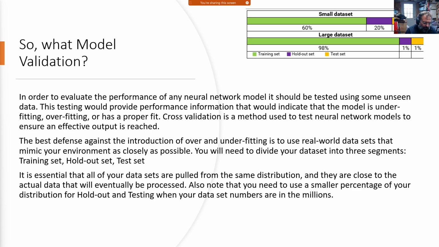So instead, the way you do that is you keep a certain amount of the data held back so that you can validate it and test the model and determine the accuracy on unseen data. So you can get a sense of how well your model is going to generalize once you deploy it to the real world. So the basic idea is that you do this concept of a holdout.